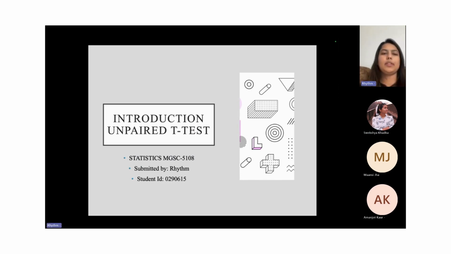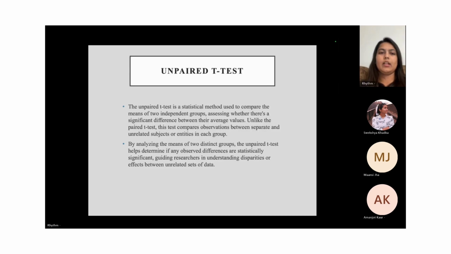I'm going to present the introduction to the unpaired t-test. The unpaired t-test is a statistical method used to compare the means of two independent groups, assessing whether there is a significant difference between their average values. Unlike the paired t-test, this test compares observations between separate and unrelated subjects or entities in each group.